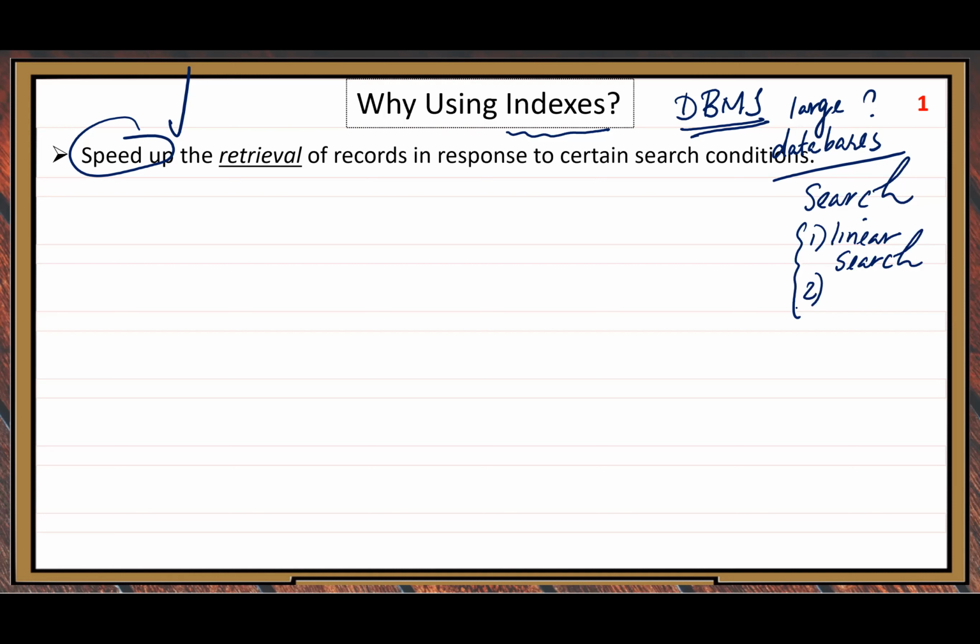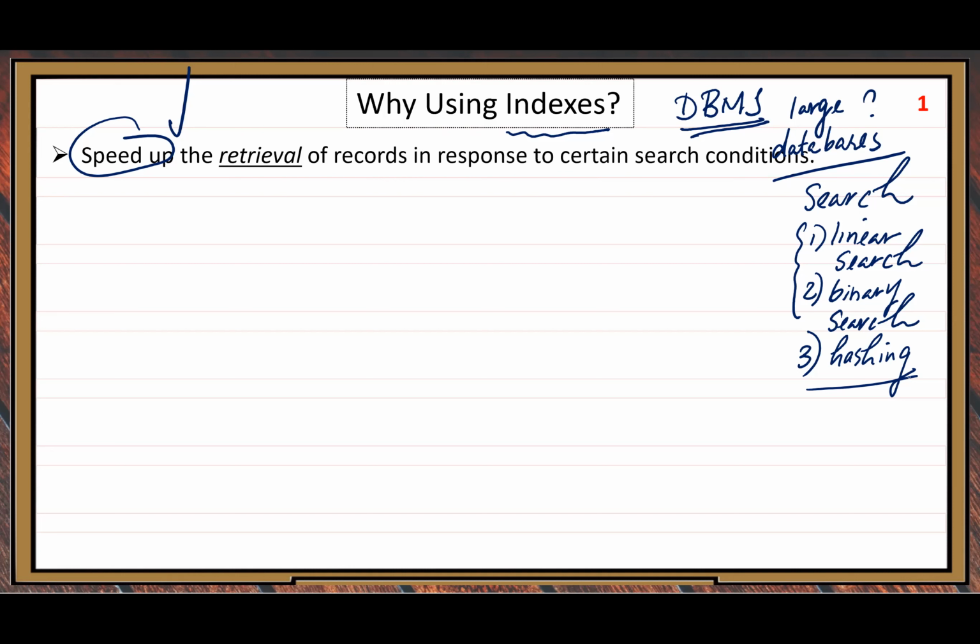The second one, binary search. The third one, another very important search algorithm, hashing. I haven't covered it in my algorithm class, but I will do it quickly.